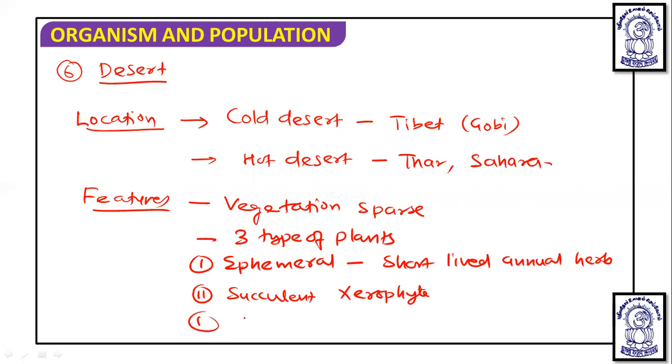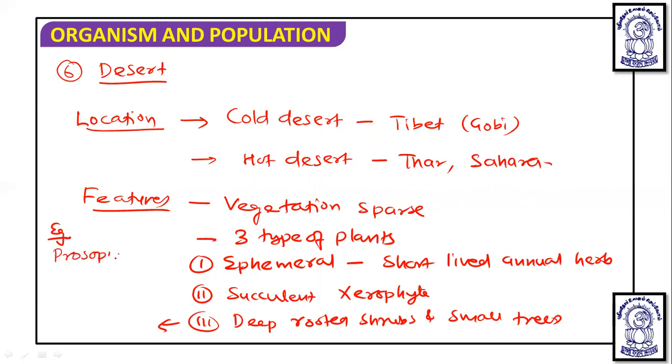And third are deep-rooted shrubs and small trees. And if we talk about examples which grow in this biome, they are Prosopis, Tamarix, and Saccharum.